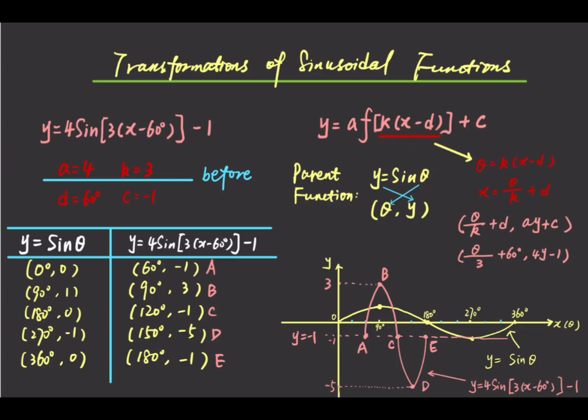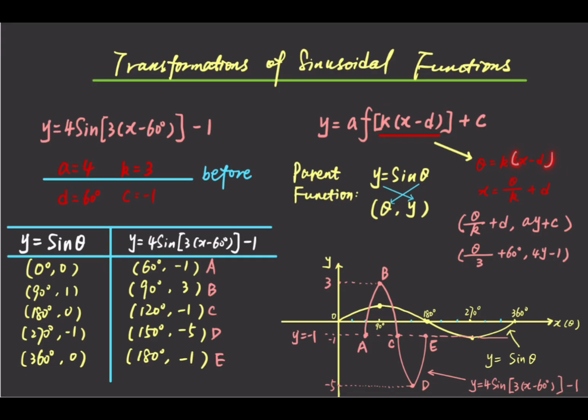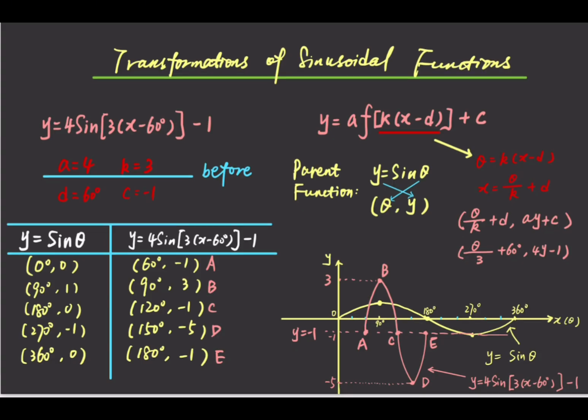We have known here it is theta. So we can figure out this relation. That is, theta is replaced with this pi, so theta equals k times (x minus d). If we solve this expression, we will figure out x equals theta divided by k, then plus d.